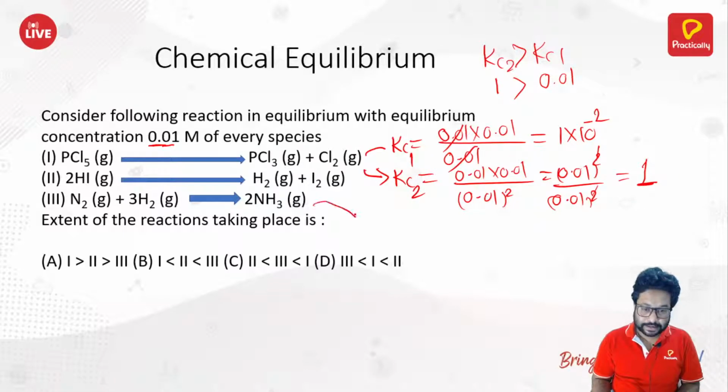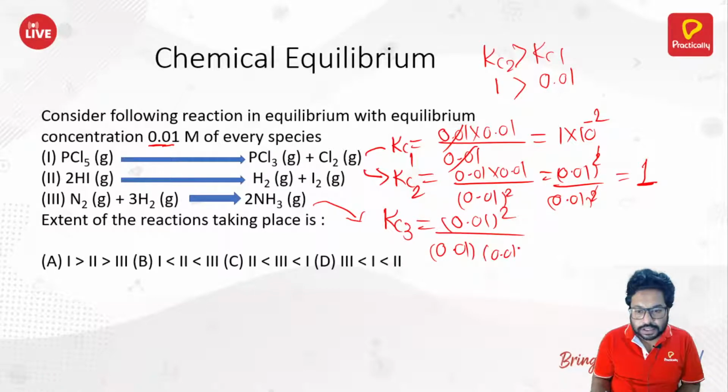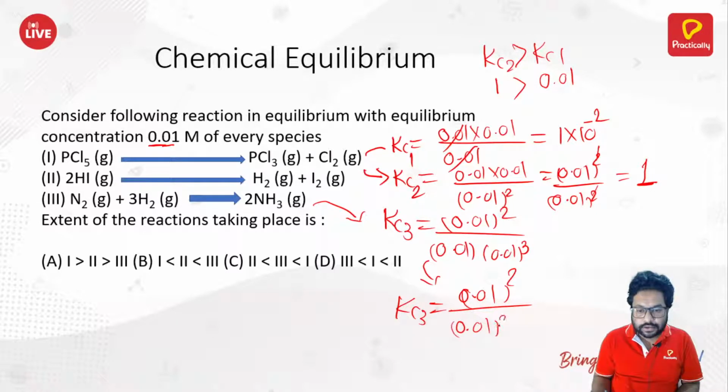So till here you must have got this. Now the last part. Again the same. How do we find out the Kc for this? On the numerator side you have 0.01 square, right? On the reactant side you got 0.01 into 0.01 cube, which makes Kc3 equal to 0.01 square divided by 0.01 square into 0.01 square. And we can always do this because this makes 0.01 raised to 4. So the square gets cancelled.